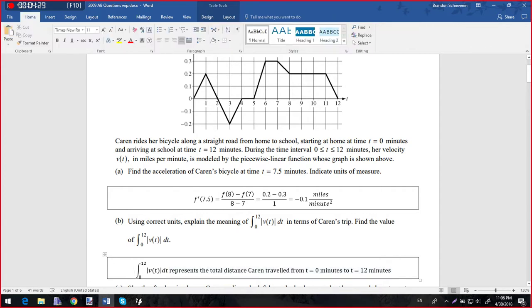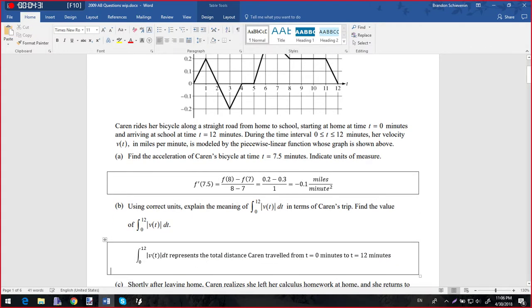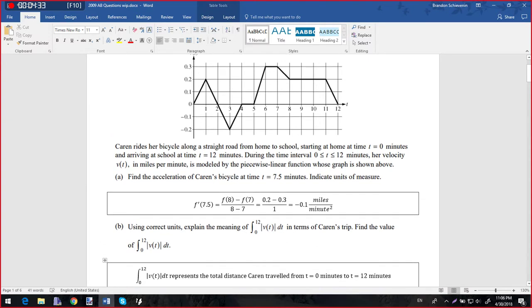Okay, and then we need to find the value. So to find the value, I would need to get the area underneath the curve, and then if there's any areas that are negative, like this area from 2 to 4, I would need to make that positive.